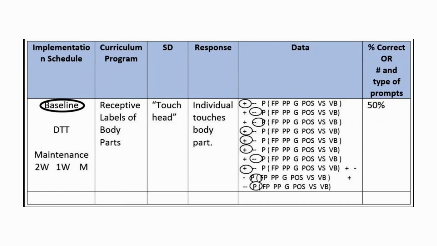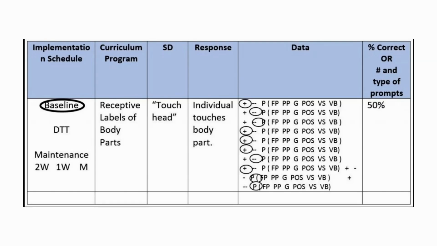So we're in baseline, just seeing whether they know or not. There's no prompting. When we're in baseline, you don't prompt because you're trying to figure out whether they know it or not. Whether they know it or not dictates whether we write a goal and move into DTT or intervention. When we move into maintenance, they learn 10 things like touch bird, touch car, touch bike, all these vocab words. So they have 10 new vocab words receptively because we're saying touch and they're touching it.